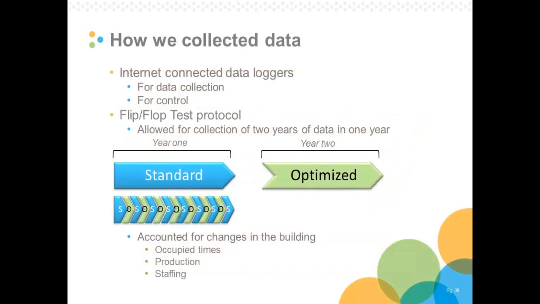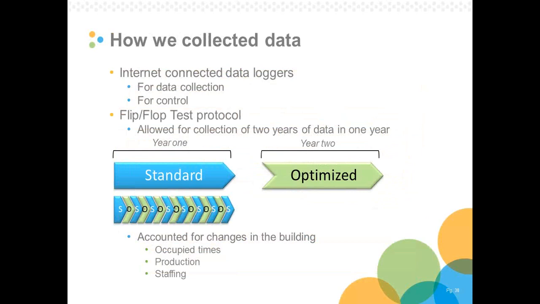We collected data with an internet connected data logger. The data logger provided 2 things for us. It collected the data for the performance of the unit, and it also applied the control for the unit. We deployed a flip-flop test protocol in our testing that allowed us to capture 2 years of data in a 1-year time span.